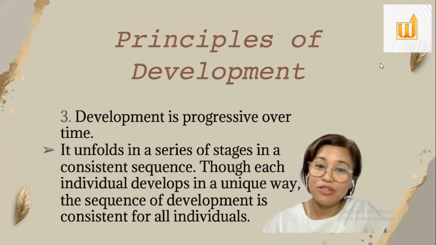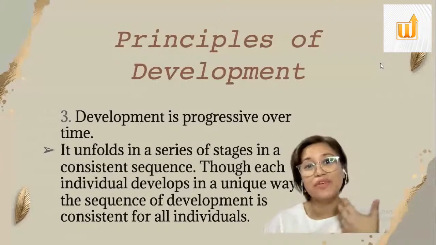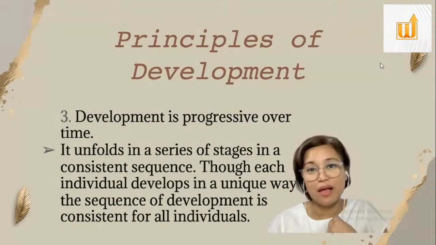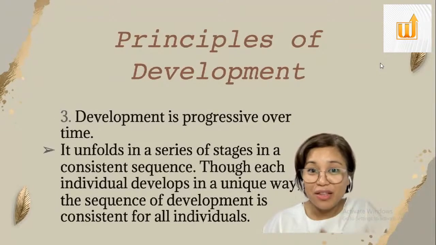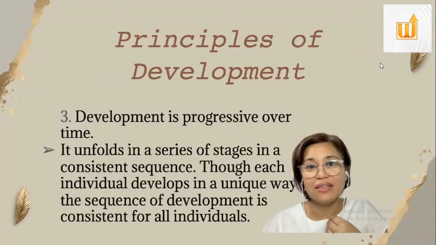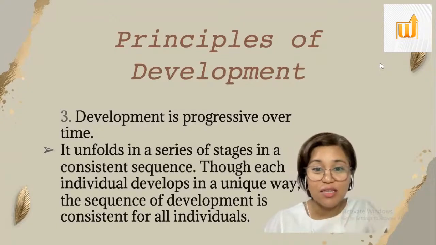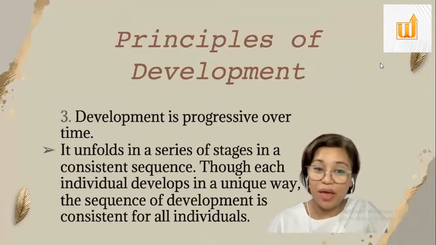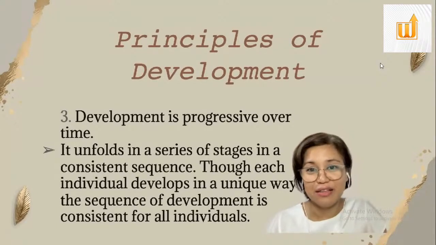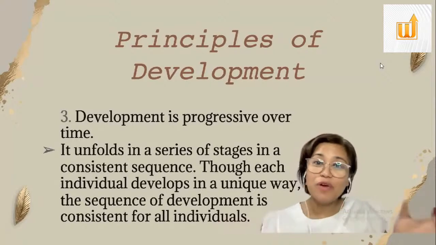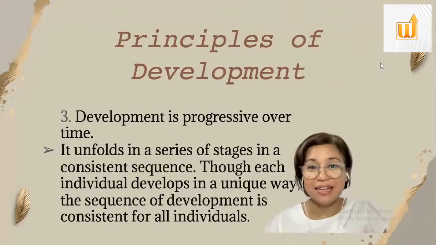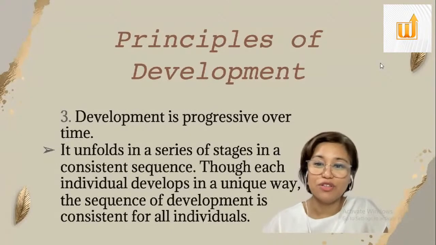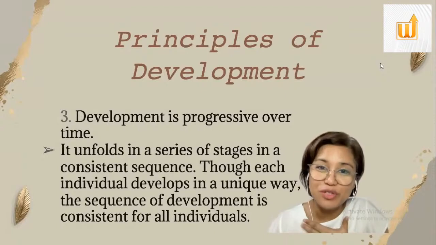But because of individual differences, because of our individual genes, because we are different from each other, varied, and diverse, we may develop in a unique way, but the sequence of development is consistent for all individuals. So merong uniform pattern kung kailan yan nag-iiba-iba individually because of our individual genes.